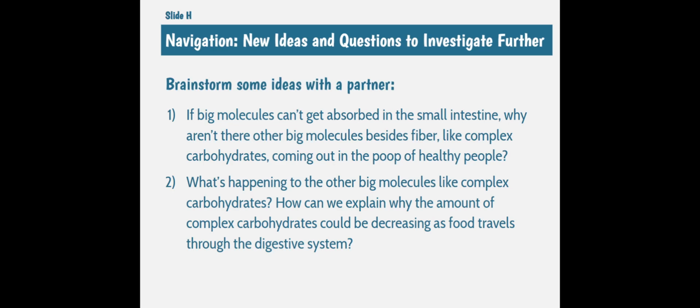So we know complex carbohydrates like starch are big molecules, but they don't seem to be coming out in the poop like fiber does. What could be happening there? So, what's happening to those other big molecules like complex carbohydrate? How can we explain why the amounts of complex carbohydrates could be decreasing as food travels through the digestive system? What's happening to those complex carbohydrates?